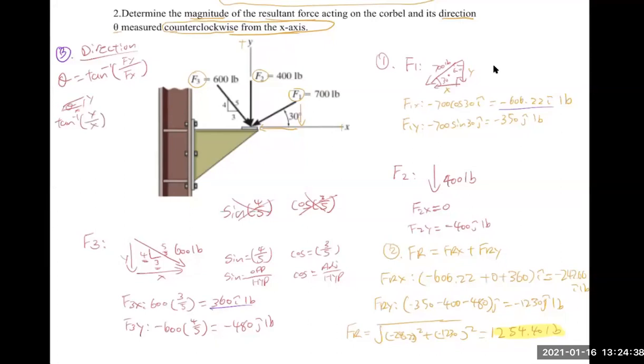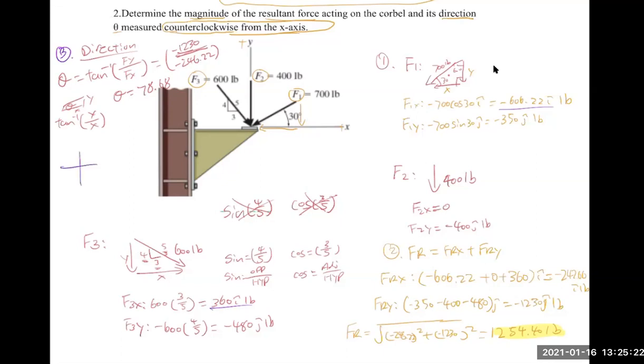So from this, we know that this is going to be equal to negative 1230 over negative 246.22. And our angle theta, let me put it in the calculator, is 78.68. But this is not the direction measured counterclockwise from the x-axis, because this is in quadrant 3.